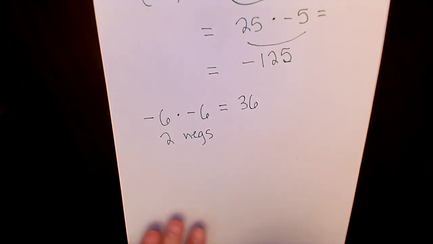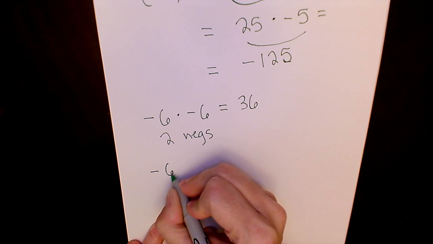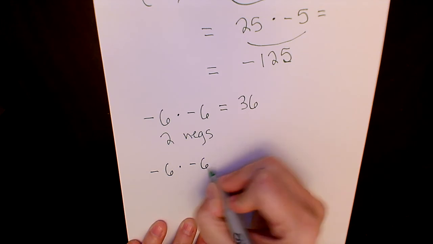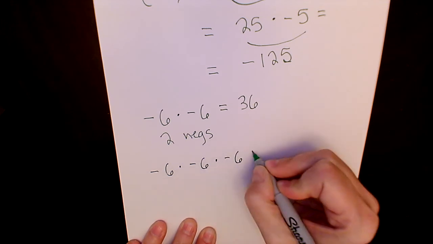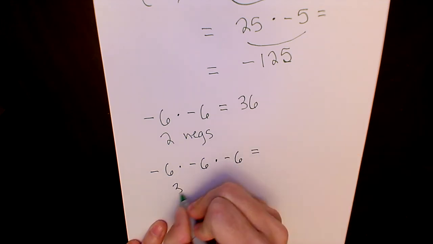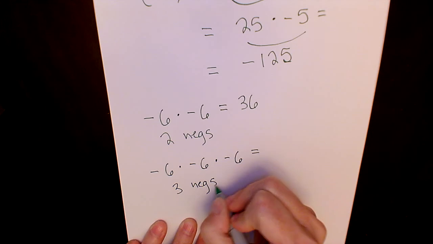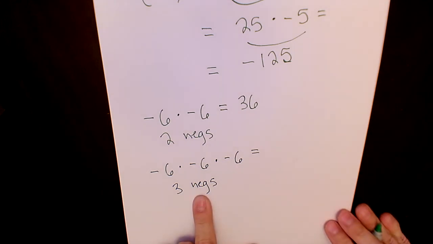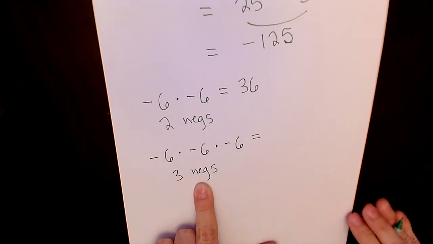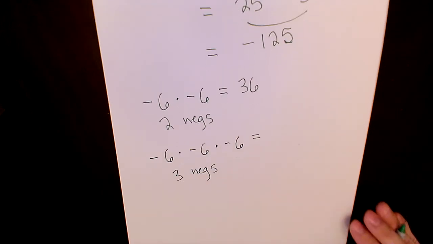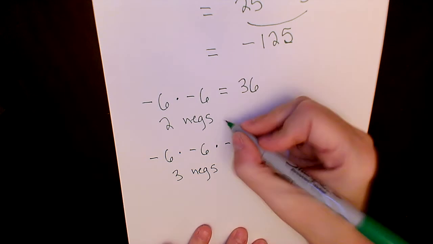If I have an odd number, like if I have negative 6 times negative 6 times negative 6, I've got 3 negatives. I've got an odd number, that's going to be a positive. I'm sorry, that's going to be a negative.